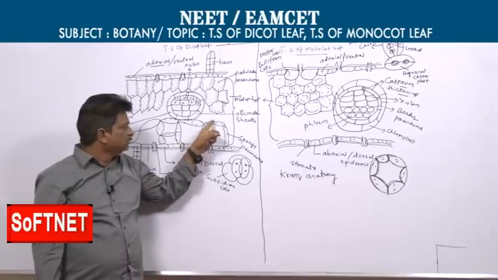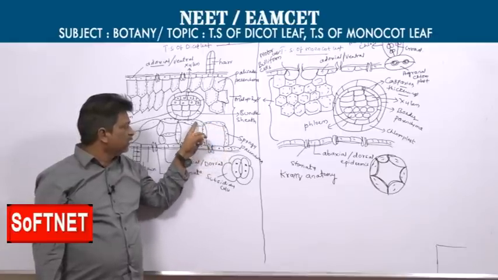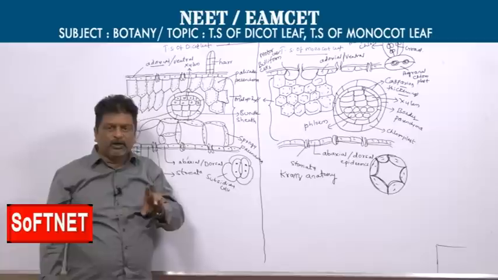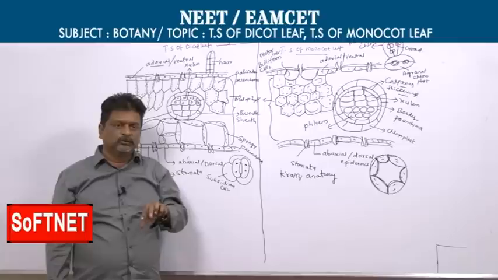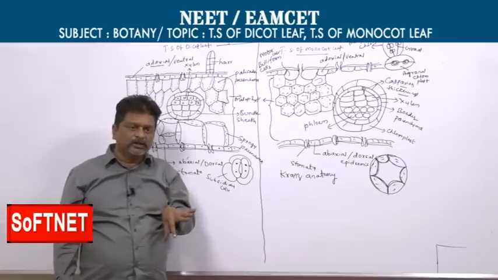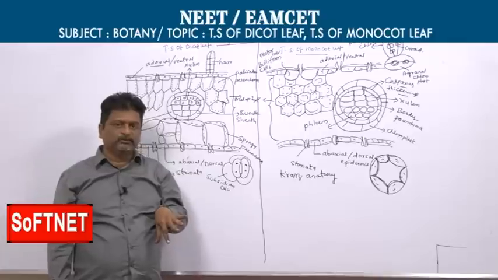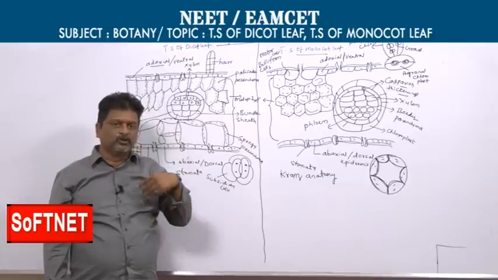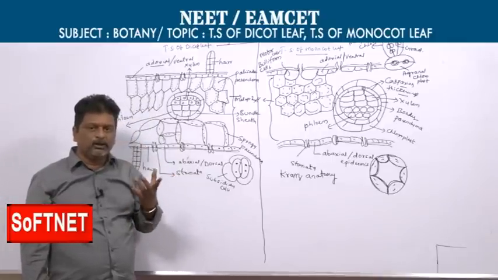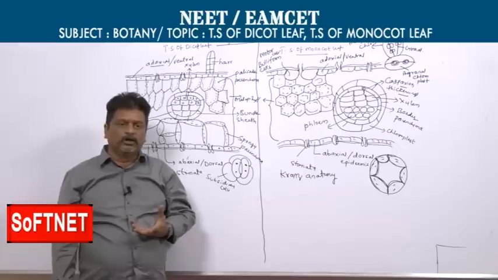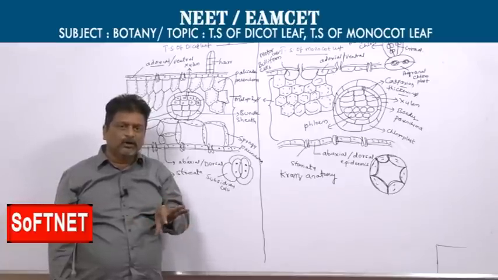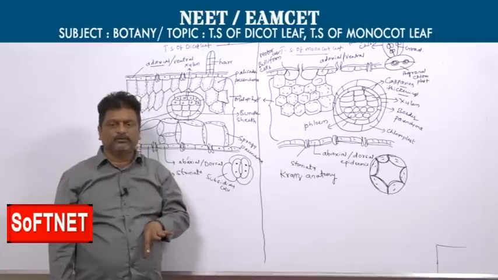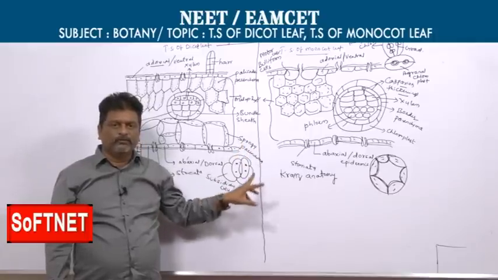The lower side has spongy parenchyma, which contains fewer chloroplasts, so the lower side is light green. Such a leaf is called a dorsiventral or bifacial leaf.